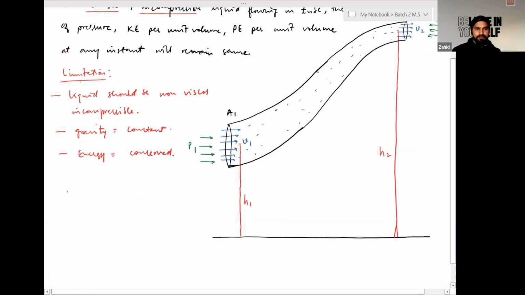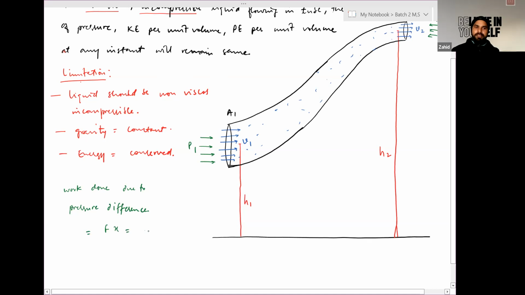So we can write work done due to pressure difference. Work done equals force times displacement.